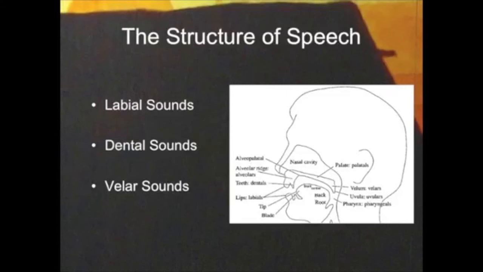So all speech sounds, whether linguistically functional or not, have a point or place of articulation within the human throat or mouth. As I said, we'll talk about 3 in relation to our own language.